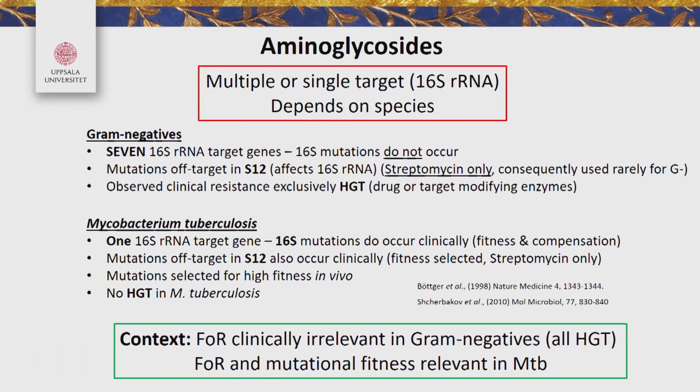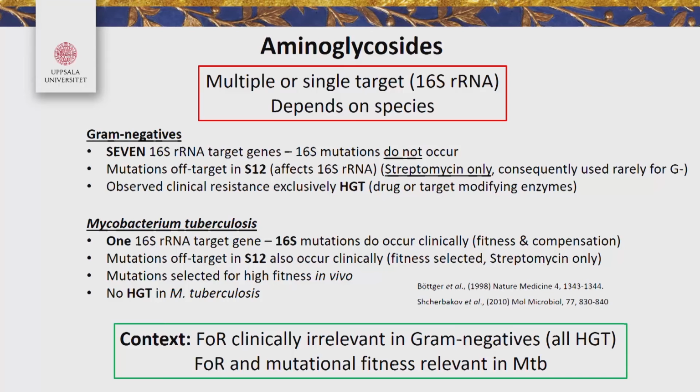Aminoglycosides, most of you are probably familiar with aminoglycosides, and you see that the situation for aminoglycosides is quite different depending on the organisms that you're planning to treat. So if you look at gram-negatives, they tend to have many copies of their 16S ribosomal RNA, which is the target for aminoglycosides, which means any single mutation in one of those copies of the 16S doesn't confer resistance. You'd have to mutate all 7 of them at the same time.